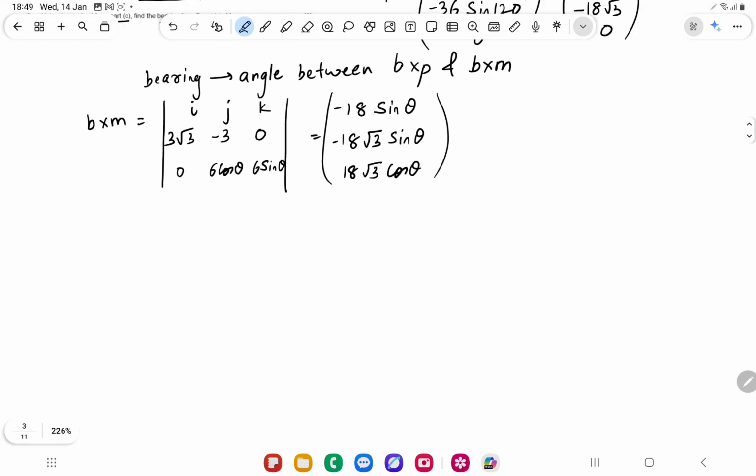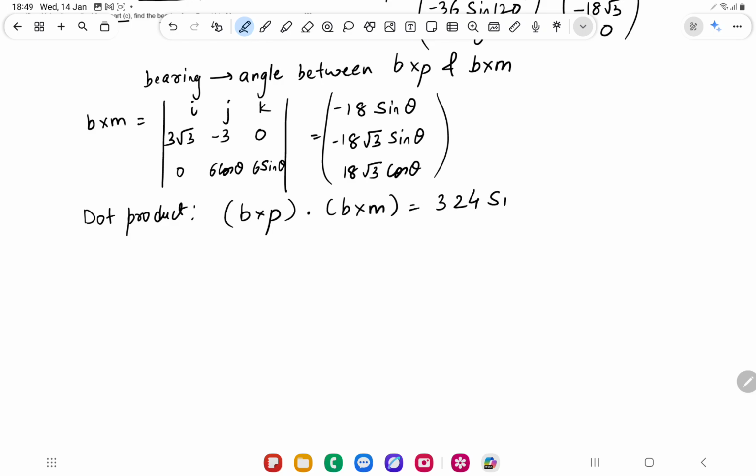Now we have to do dot product. So to do dot product, we have B cross P and we have B cross M. So we can write it as 324 sine theta plus 324 into 3 sine theta.